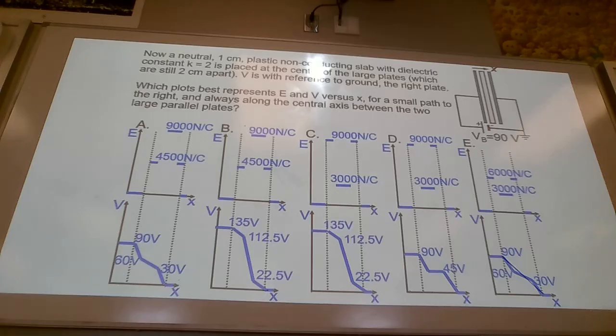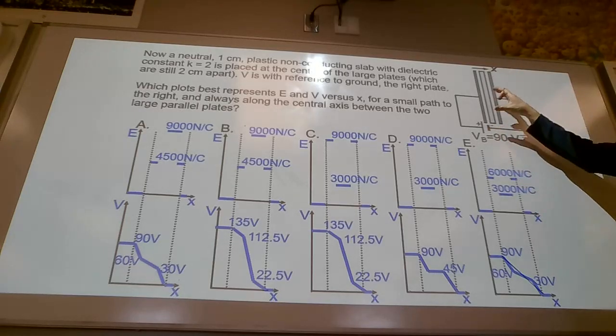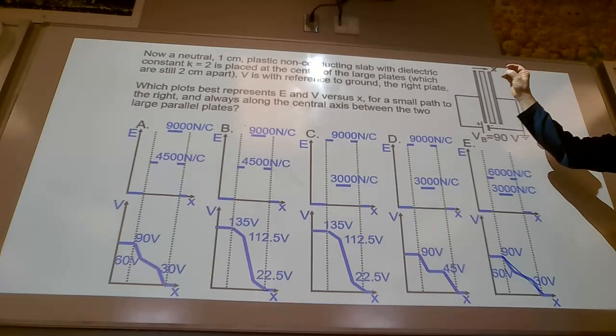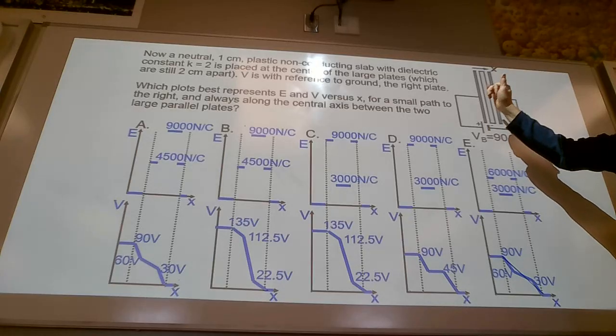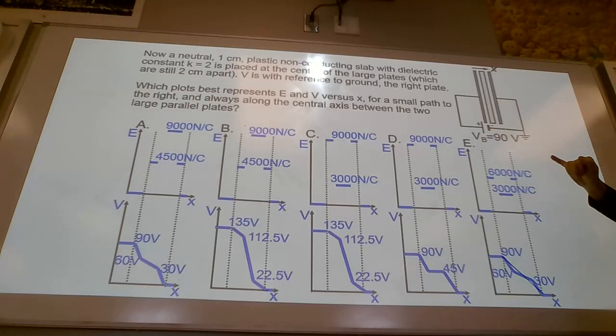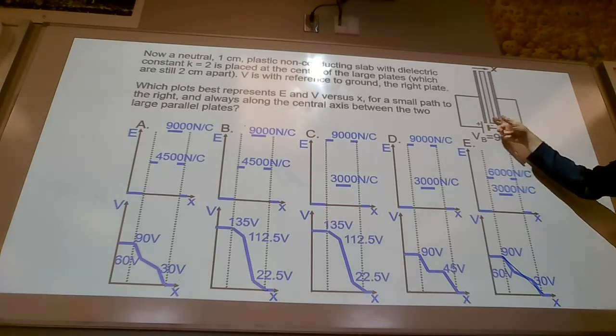Let me try it in a different way. When this is still hooked up to the battery, you stick your dielectric in there. That's going to increase the capacitance, and more charge can get on this plate, which is going to cause a stronger electric field in this gap here.